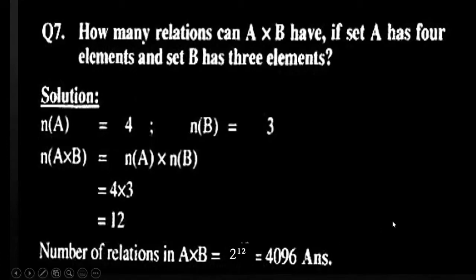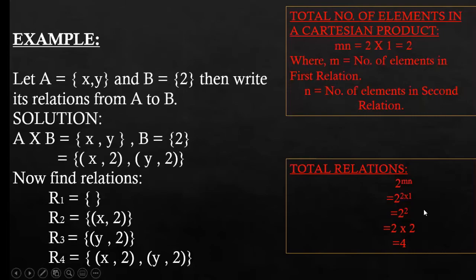This is a complete example and complete question solved, where you can see that there are two sets given only and you have to find out the relations A to B. So this is a complete solution, and you can follow the steps to do all the rest of the questions in your practice work.